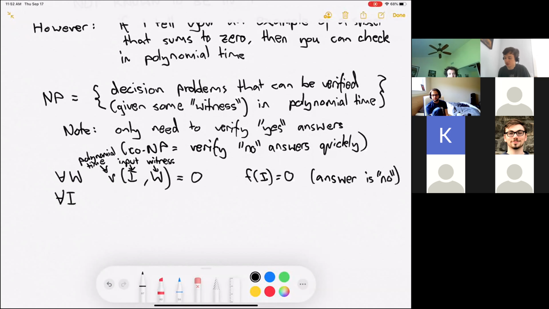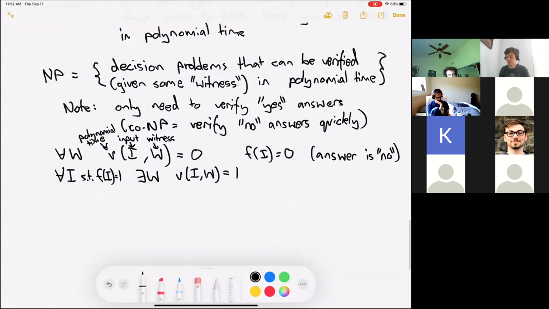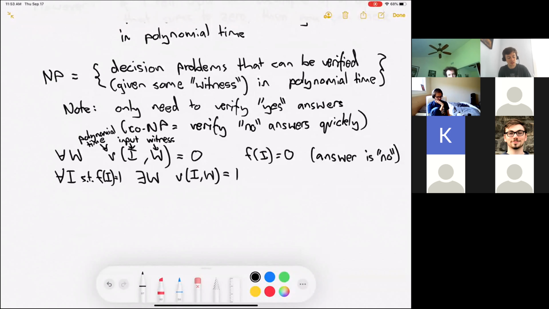So for all inputs where the answer is yes, you want there to exist some witness that you could give it, some subset that does add up to 0, where the verifier can say, oh, yep, that is indeed right. I trust you. That proves that the answer is yes in this case. Okay. So there's an equivalent definition.